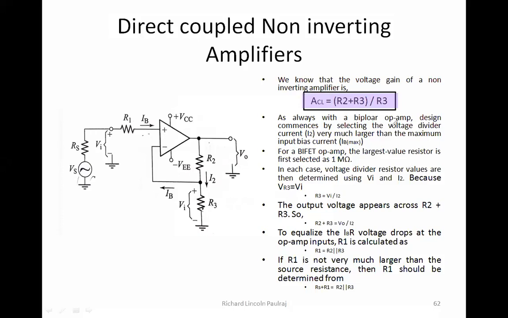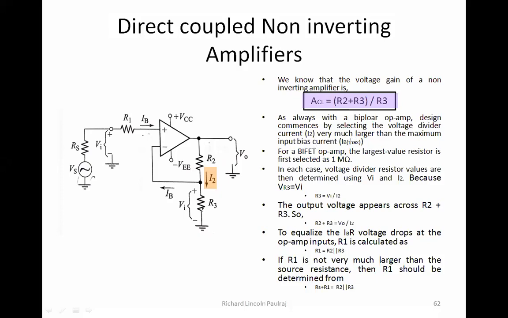As always with the bipolar op-amp, design commences by selecting the voltage divider current, which is I2. So this I2 is what we are going to select. So current I2 very much larger than the maximum input bias current. So IB is nothing but input bias current.